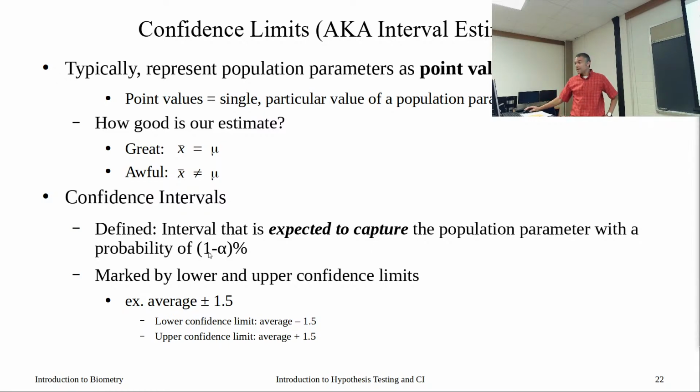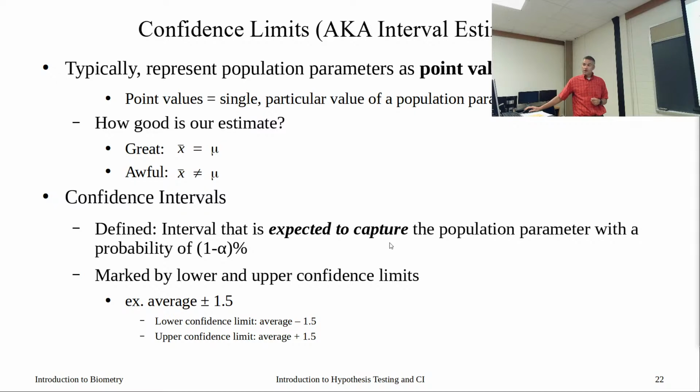So this 1 minus alpha is just going to be our percentage. So it can be a 95% confidence interval, in which case it's 95% likely that our interval captures that true population parameter. If it's a 99% confidence interval, 99% likely that our interval captures that population parameter.